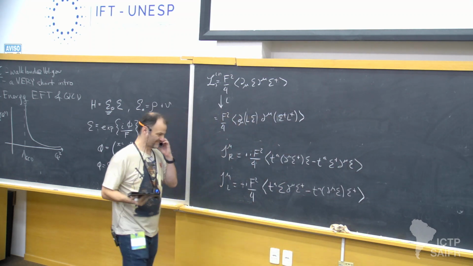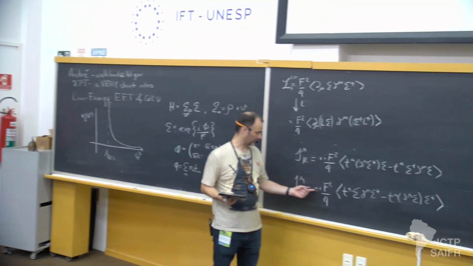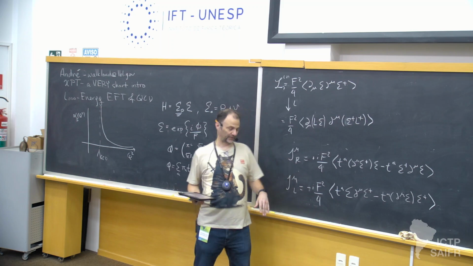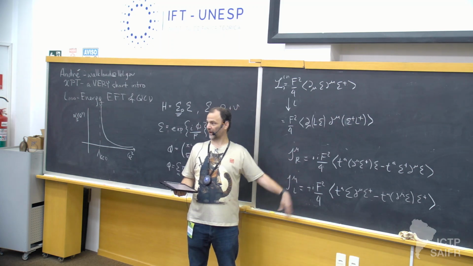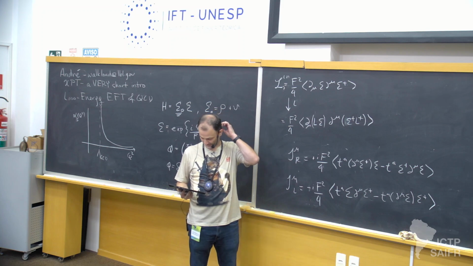And just dumb little tricks I do: the reason I pulled this minus sign out of the left-handed current is because I know I want to take the right minus the left. If I put a minus sign out front, I can just add them. So I can help reduce the chances I make a minus sign mistake.